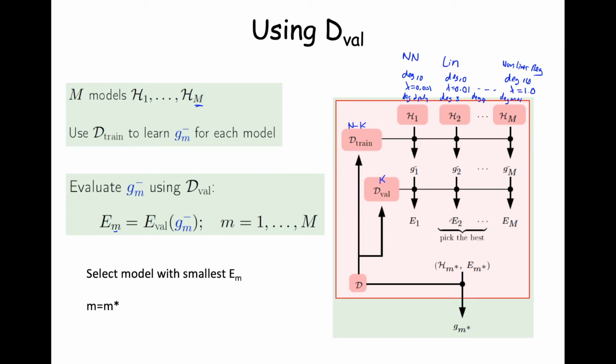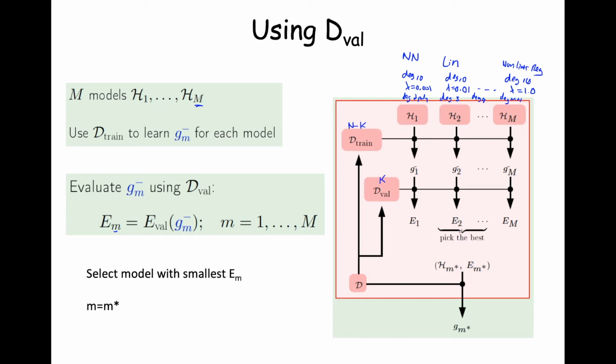Okay, so then we take each one of these validation errors and we use that as the criteria for choosing the best limited final best hypothesis. And how do we do that? Of course, as we said before, there's optimistic bias, but we pick the best one. So we look for the smallest EM, the smallest validation error, and we pick that best among these final best hypotheses, these final hypothesis candidates, as it were. So we have our D val, and D val is used to select from among these big M many final best hypotheses, GM minus.